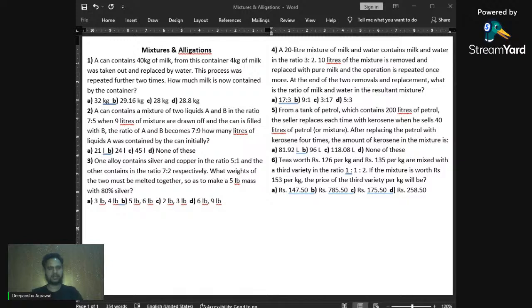If you had attended the last session of the live assessment, it would be very useful in solving today's questions, because obviously the questions are of the same topic, mixtures and allegation.